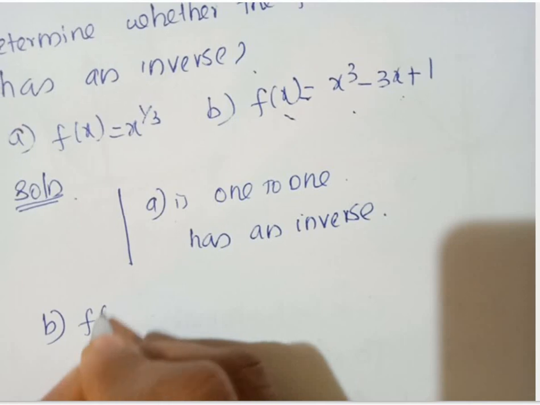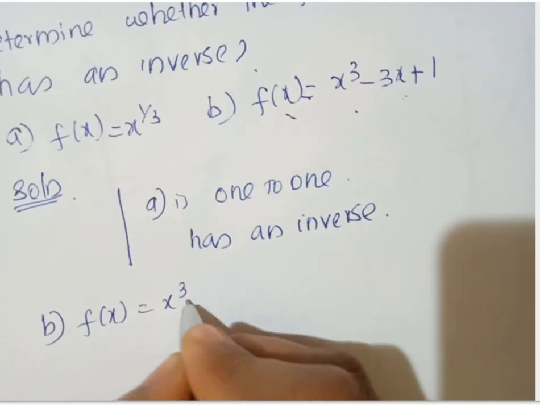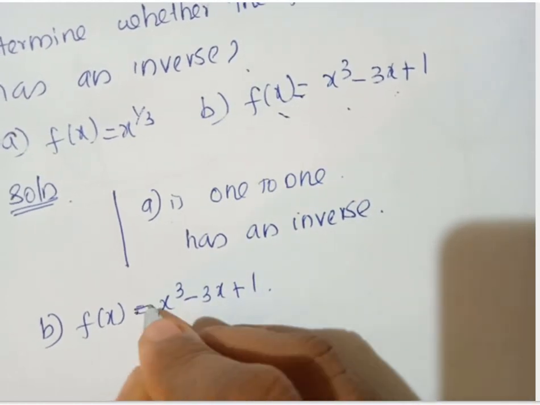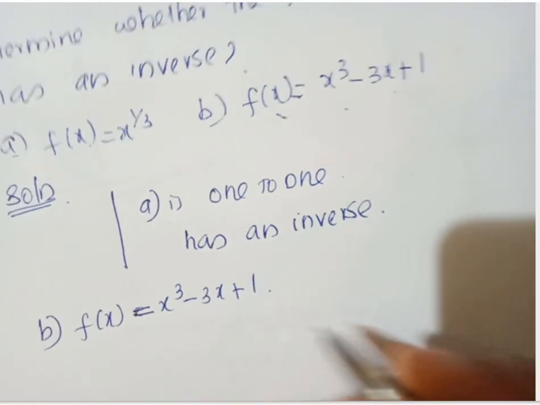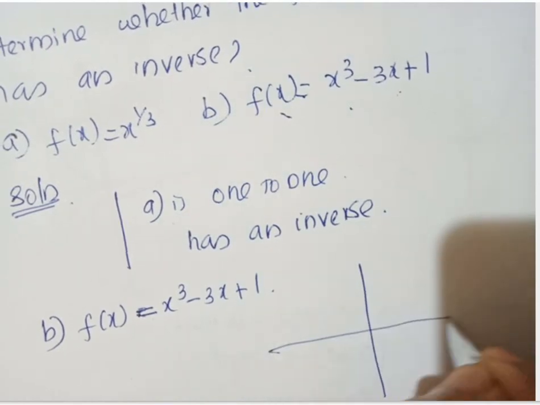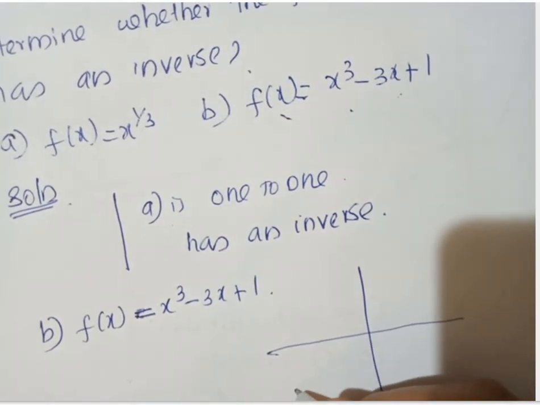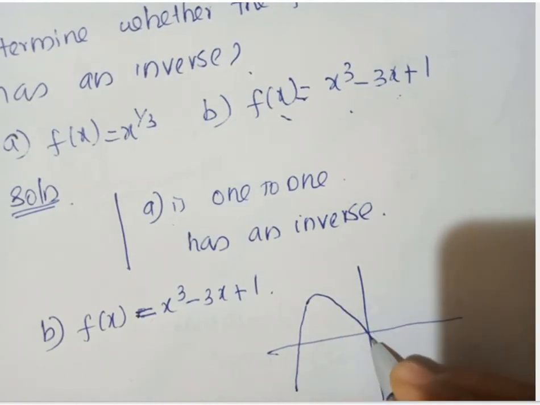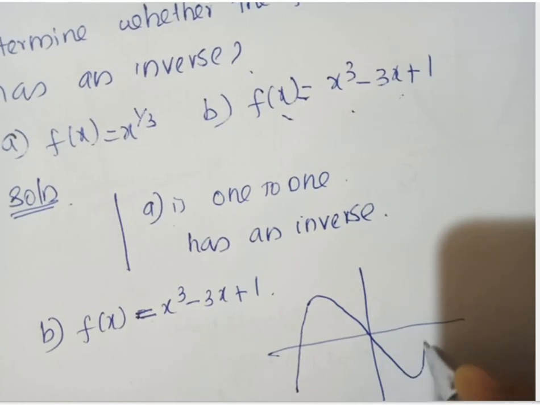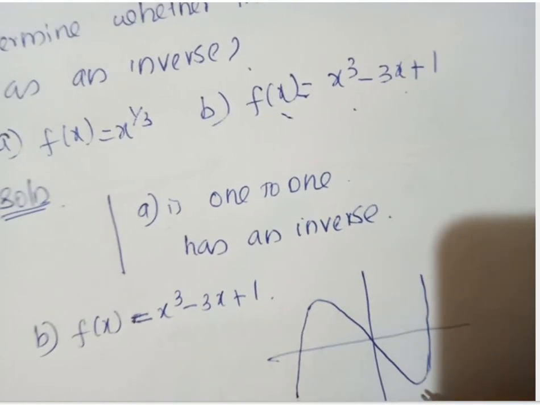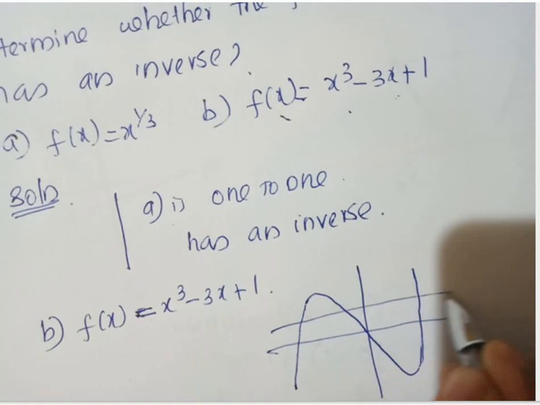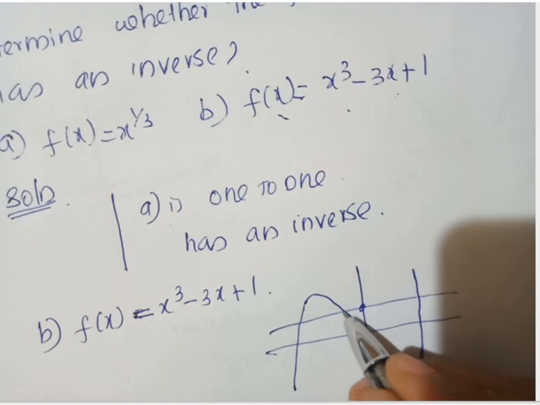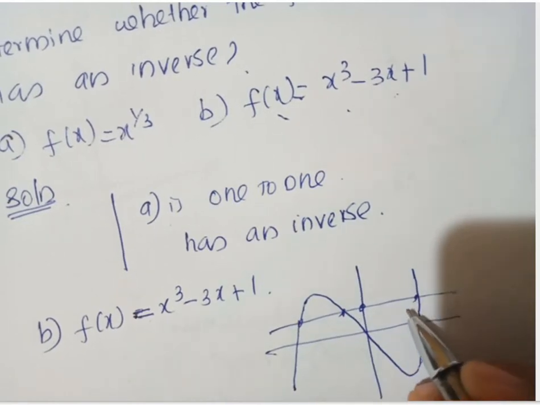Second one, f of x equal to x cube minus 3x plus 1. Draw the graph using the graphing method. When you draw the graph, it will be this type. When we draw a horizontal line through a point on the y-axis, it will touch more than one point.